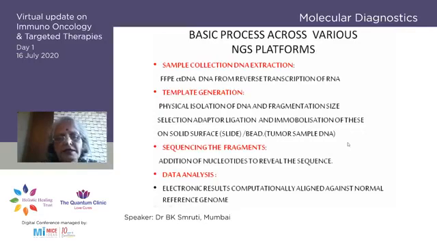So you can just visualize that you're doing parallel sequencing of multiple DNA fragments. So it generates an enormous amount of data, and this is then electronically and computationally aligned against the normal tissue, and that is how you get the data that you see on the NGS platform. So next slide.